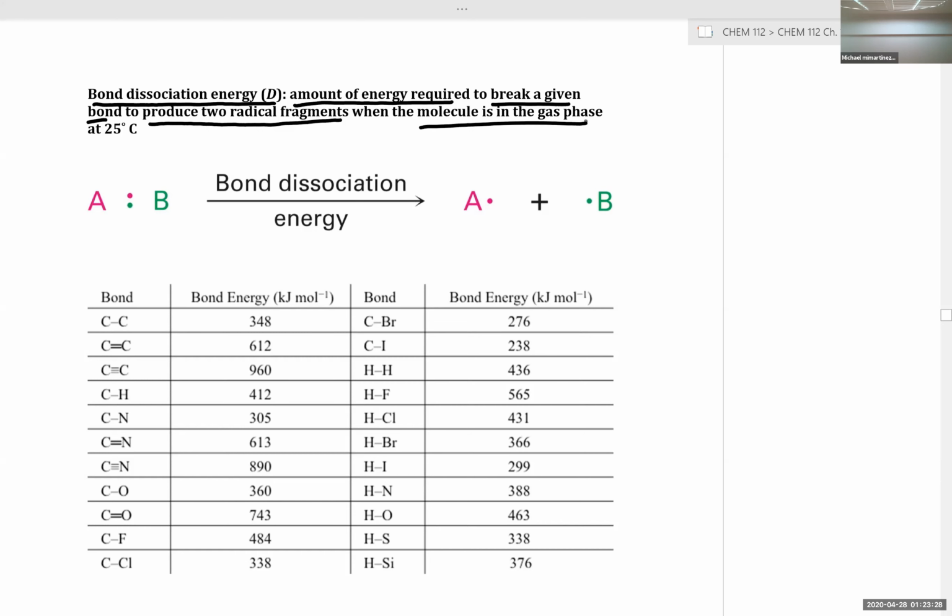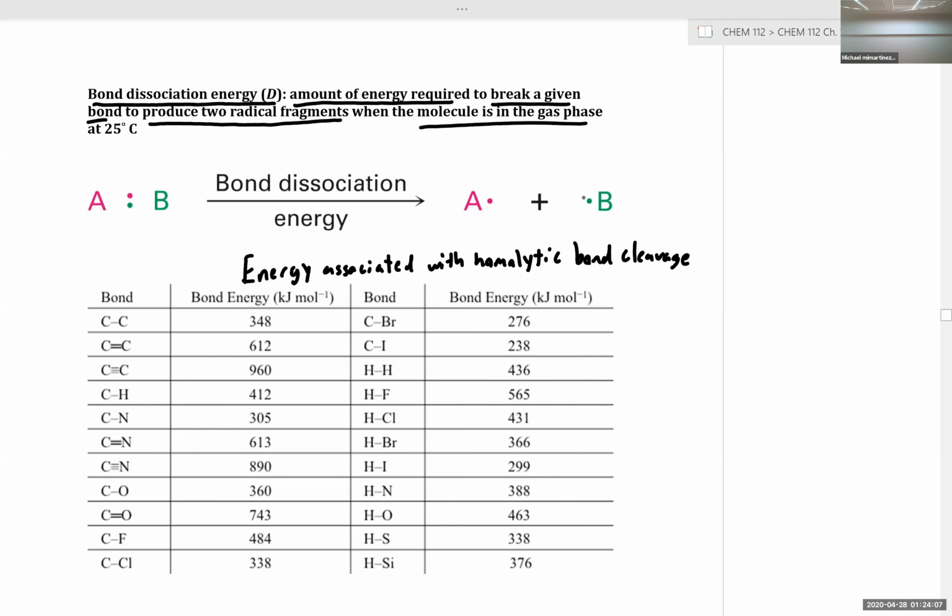So this gives us an idea of the energy associated with homolytic bond cleavage. It's the energy associated with breaking a bond where our electron density is distributed evenly to both atoms. So this is homolytic, where one electron is distributed to each of our atoms in the bond.